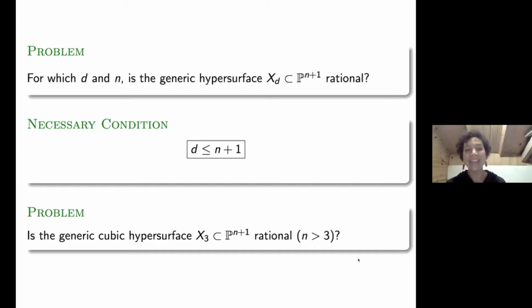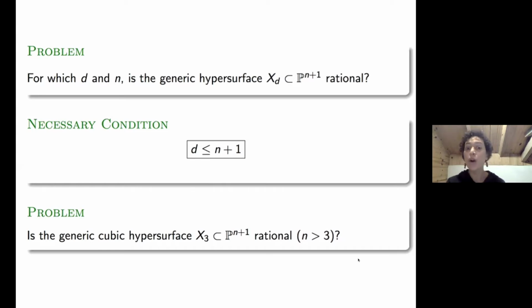Okay, right. No, this makes sense. What I mean here is the question: is it true that there is an open subset in the space of coefficients of the hypersurface, such that if I pick any coefficients in this open subset, this will be a rational hypersurface?